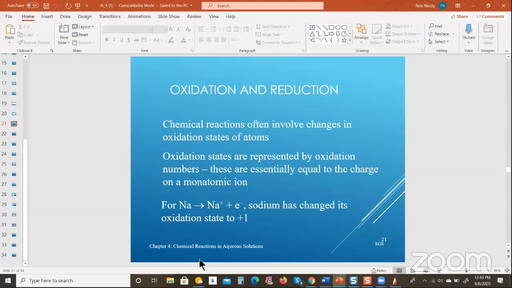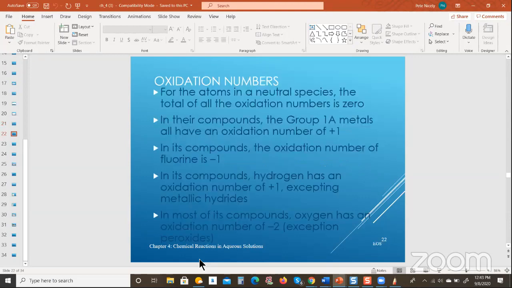Now, when it comes to monatomic ions, the oxidation number is the same as the charge on the monatomic ion. So for example, in the case of Na+, the oxidation state for that sodium ion would be +1, all right? If it was Cl-, then the oxidation state for that particular ion would be -1, all right?